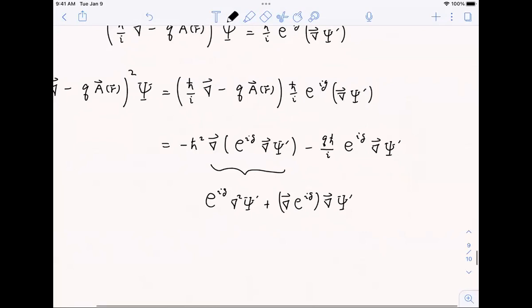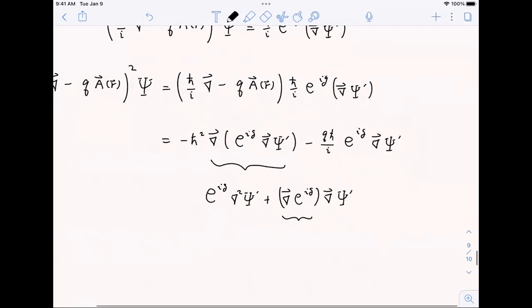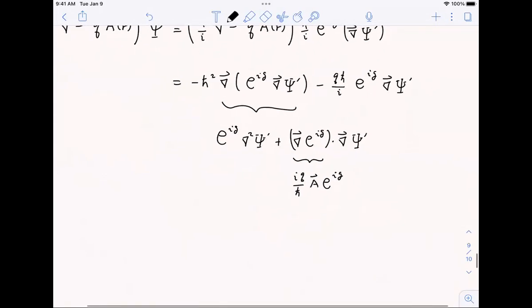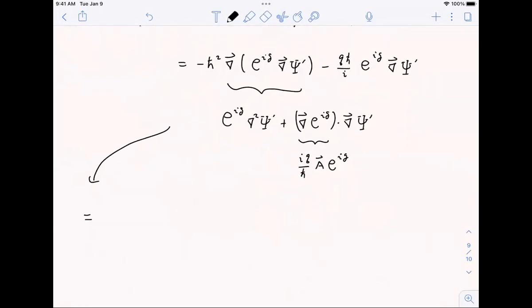Okay, so this one we already calculated before. This one should be a dot. This one we already got before. This is a square. Okay, so eventually you will have what?